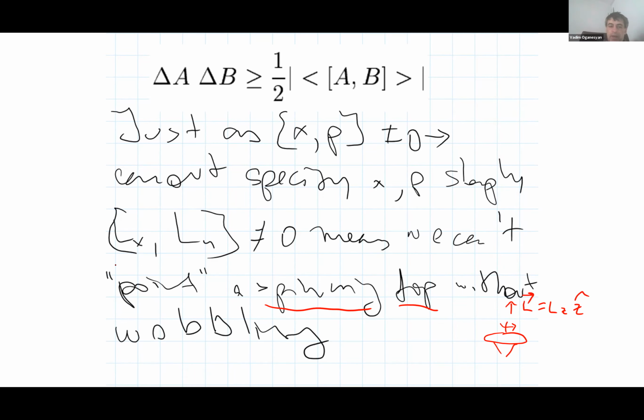But the fact that these are commutators means that no matter what you do, there will always be some uncertainty, i.e. wobble. Quantum wobble. Okay.